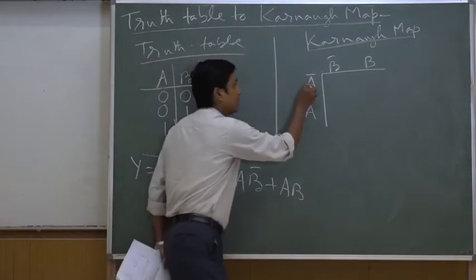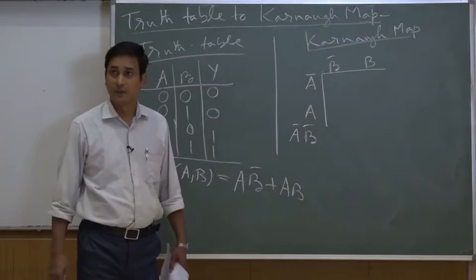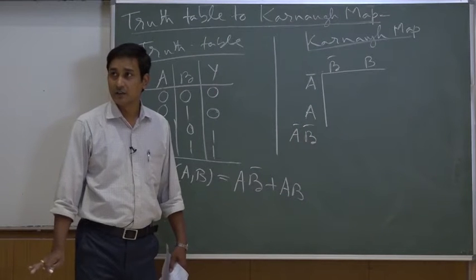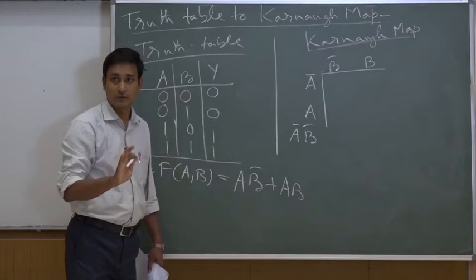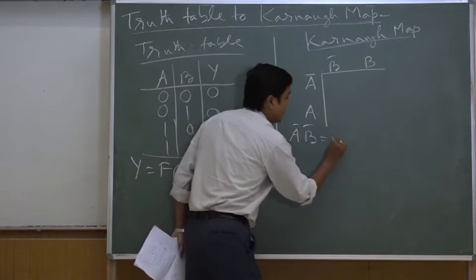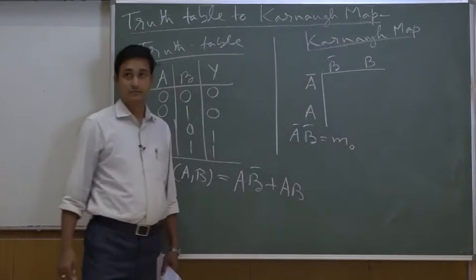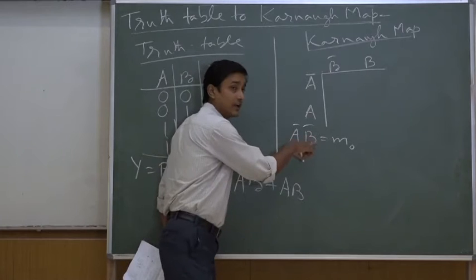If I say A bar B bar, it can come sometime here for any output I am talking about. Let us name this A bar B bar as M0. Why 0? Because I am saying it is 0 and 0.